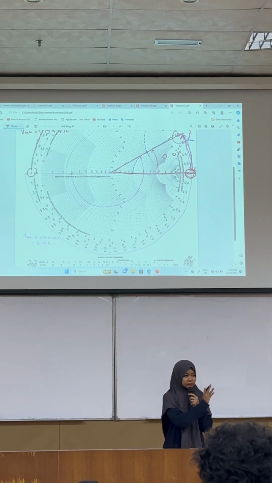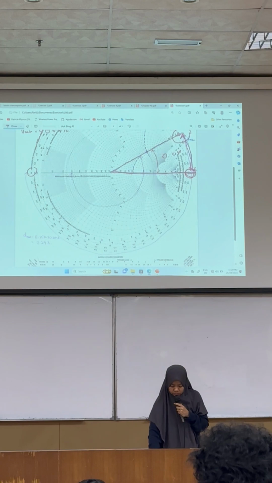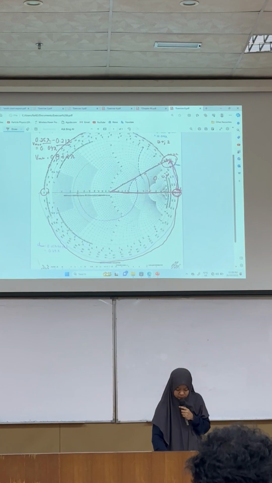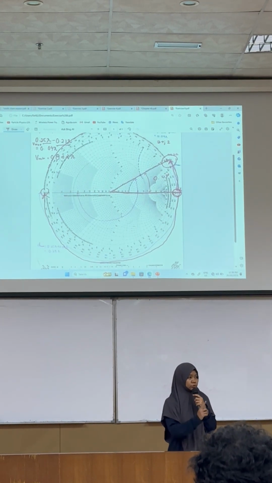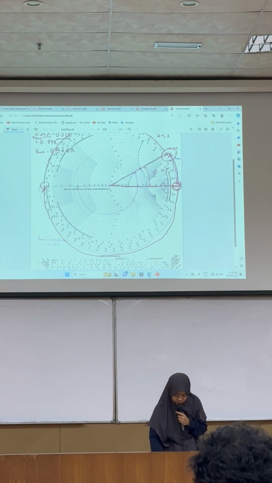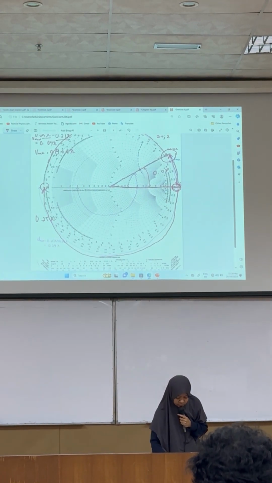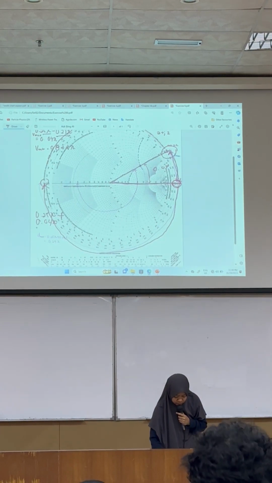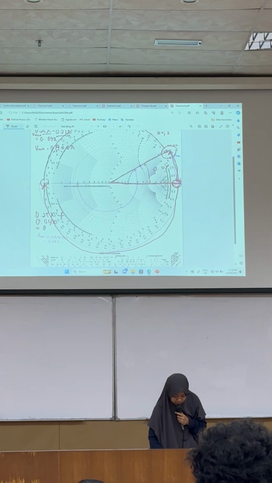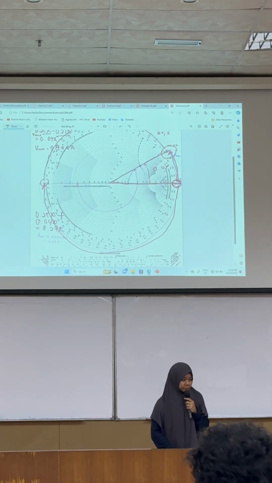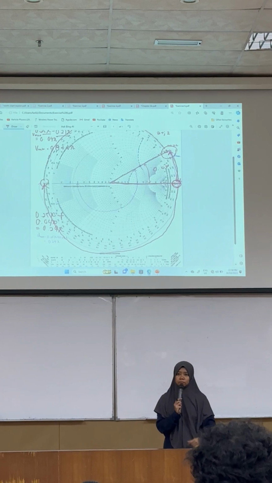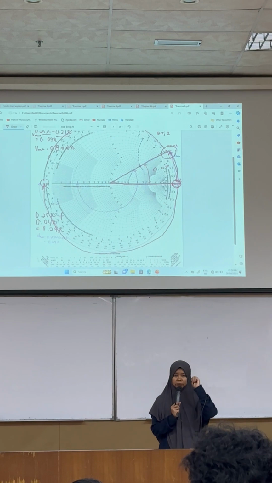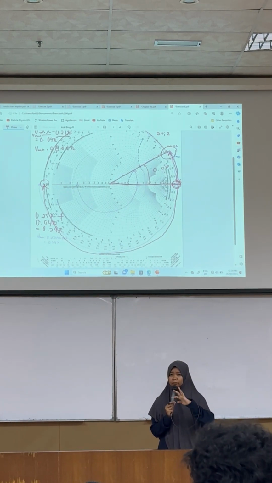So from here towards the 0 or 0.5 lambda, 0.25 lambda plus 0.04 lambda, you will get 0.29 lambda. Vmin happens at 0 or 0.5 lambda.